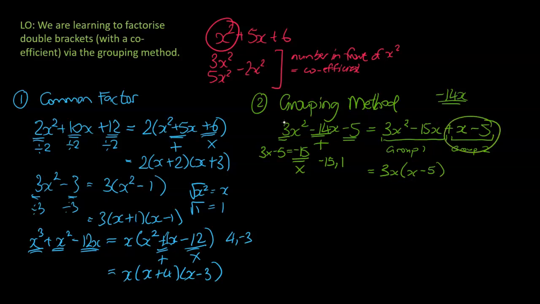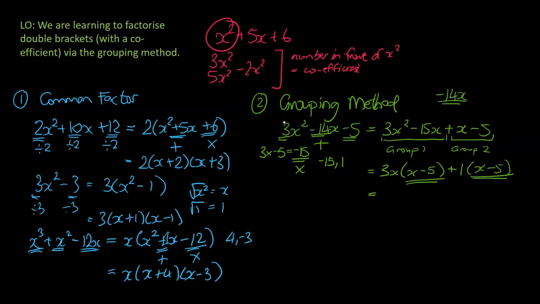We're then going to do the same for the second group. This one is a bit easier because there's actually nothing in common. x and negative 5 have nothing in common apart from a 1. So we're going to go 1 times x minus 5, and we can do that because 1 times x is the x, and 1 times negative 5 is the negative 5. You can see that the exact same bracket has come up twice, and that's how you know you haven't made any mistakes.